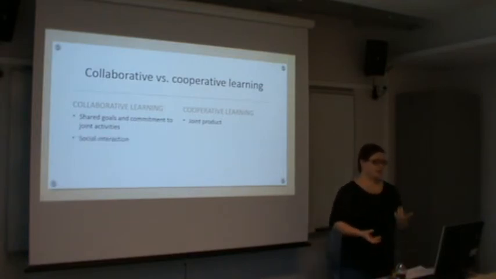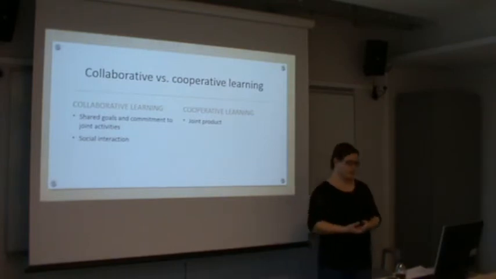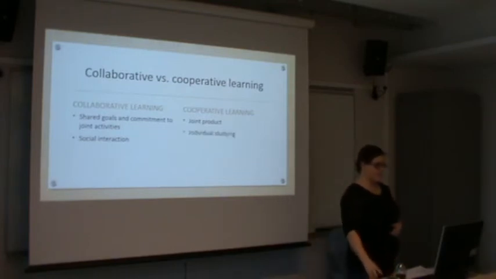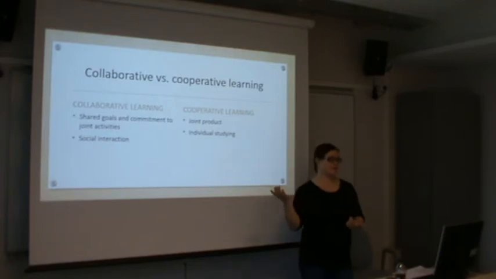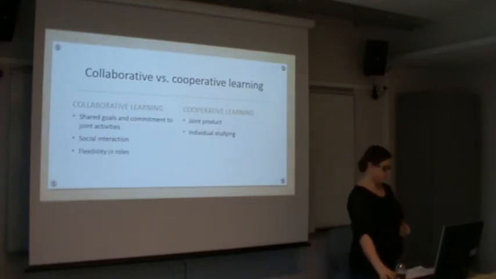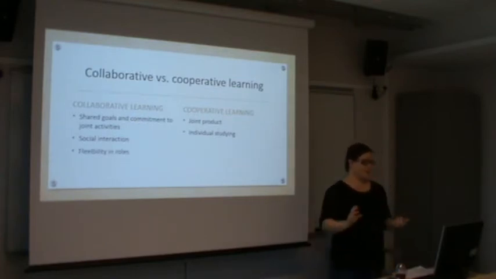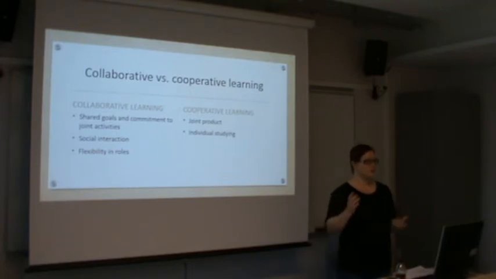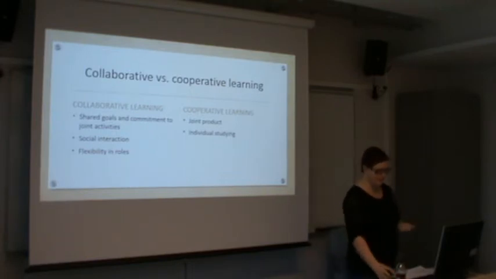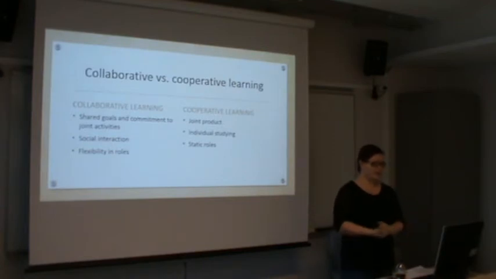In collaborative learning, the key thing is social interaction, whilst in cooperative learning, individual studying plays a big part. In collaborative learning, there can be roles, but they are flexible and negotiated, whereas in cooperative learning, the roles are static.